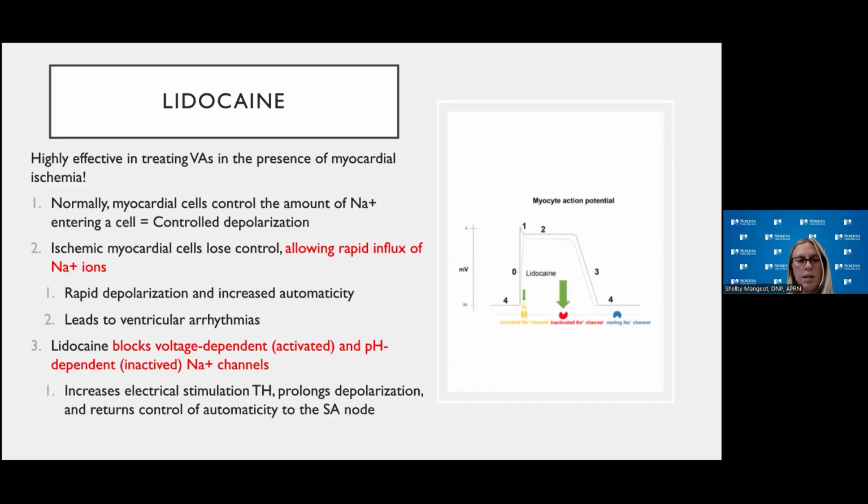They allow rapid influx of sodium channels, which causes rapid depolarization, increased automaticity, and sets the patient up for ventricular arrhythmias. What lidocaine does is it blocks those sodium channels that the cell has now lost control of, which increases that electrical stimulation threshold. It prolongs depolarization, and it returns the patient's rhythm back to the sinus node. So it returns it back to sinus.